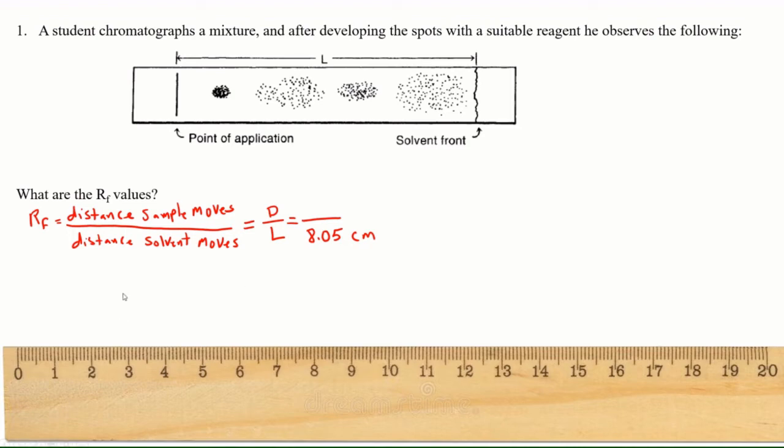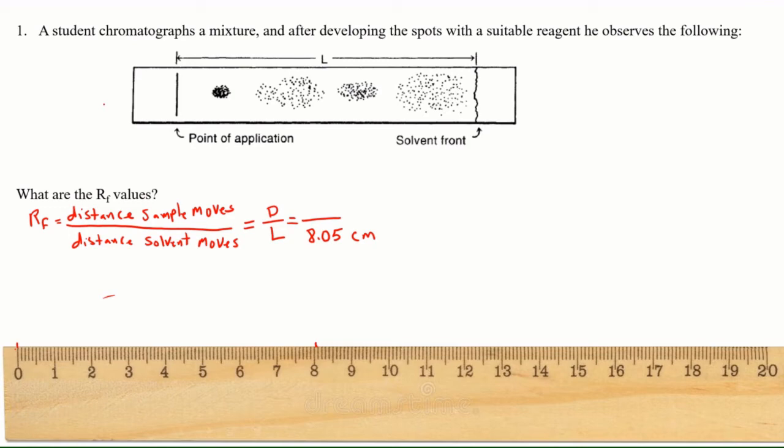And this would be from here to, it's really between 8 and 8.1. Since it has not really reached 8.1, we're going to estimate that it's halfway between, so that would be 8.05.